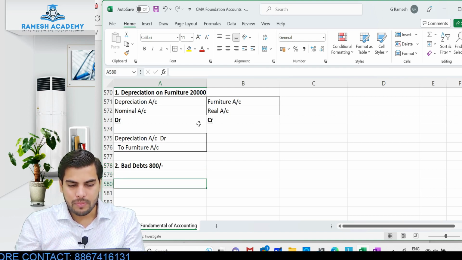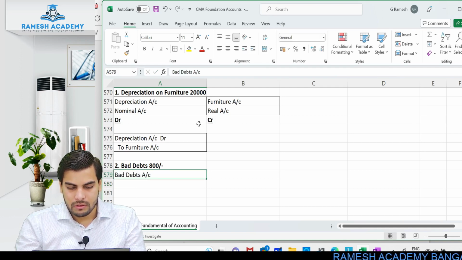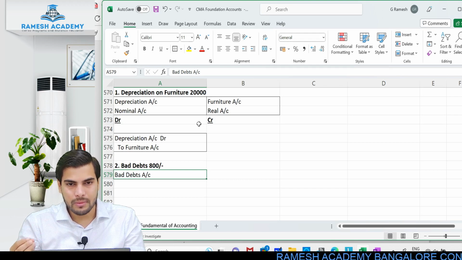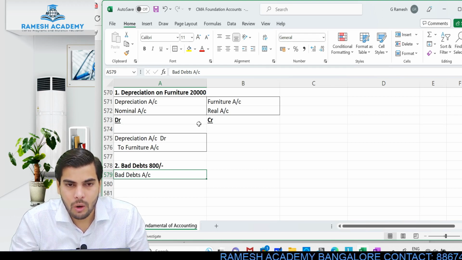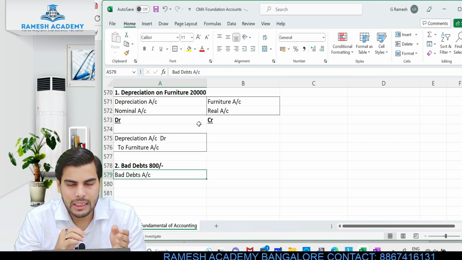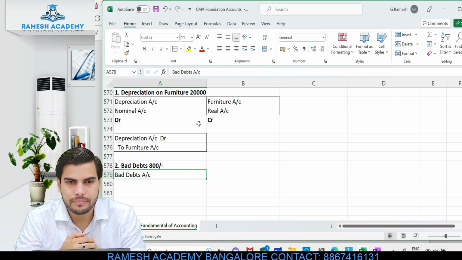So what about this bad debts? Is it a gain for you or a loss for you? It is a loss, right? So the two accounts which will get affected are, one, bad debts account, which is a loss for us. Why? Because in spite of making sales to my customers, they're not paying this amount back. What about the other account?